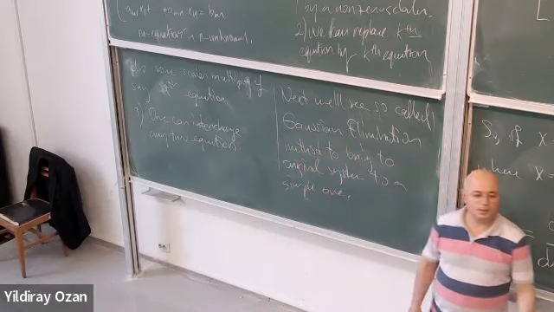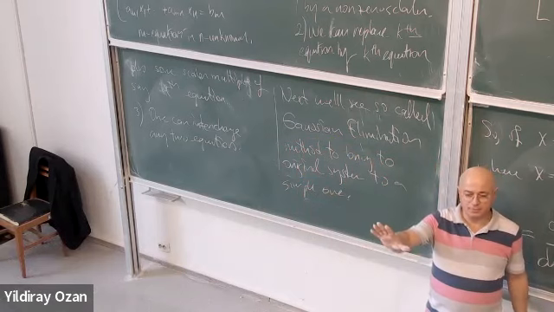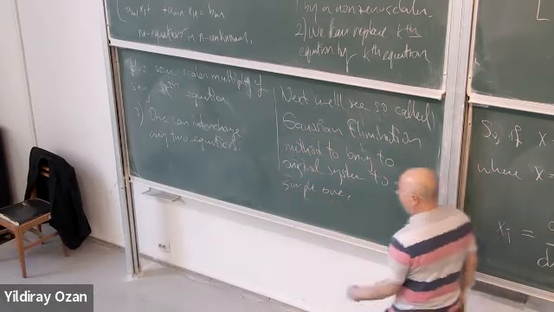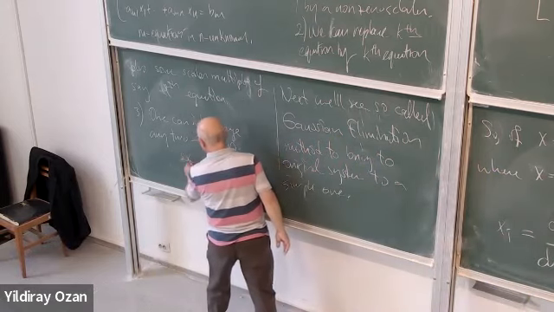What do we mean by a simpler one? When you look at the system, you can just write down the solution. Suppose we have this system.